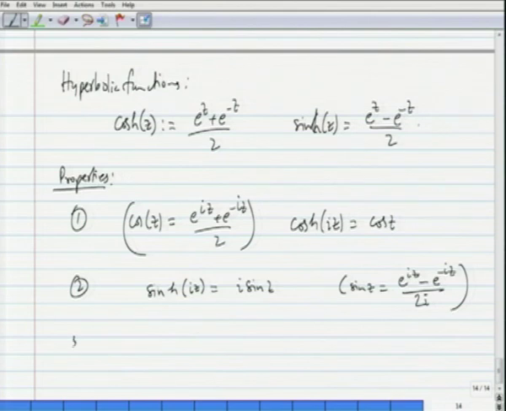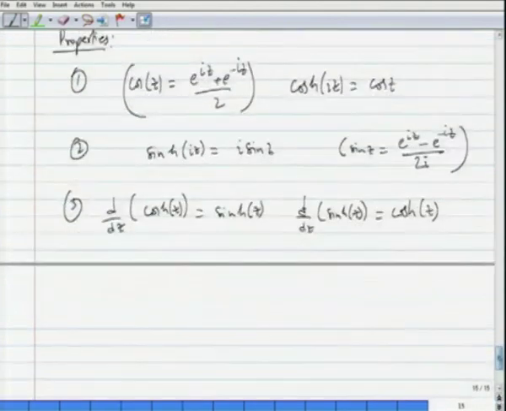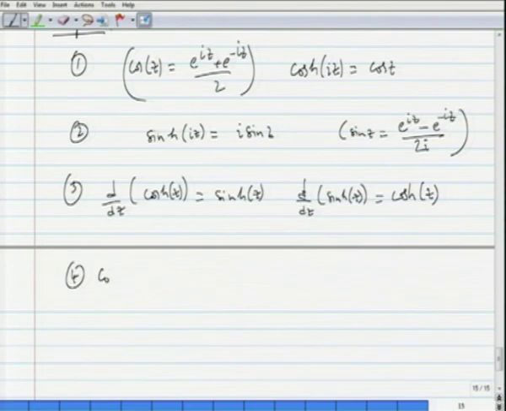Okay. And then the third property is that one can verify directly that the derivative of cosh z is equal to sinh z, and likewise the derivative of sinh z is equal to cosh z. And we can see that in the addition formula for cosine and the hyperbolic cosine and hyperbolic sine.